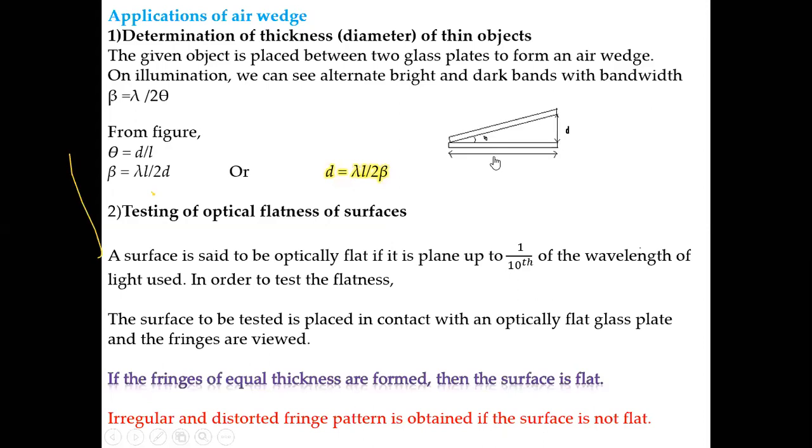We said in our discussion that the glass plates should be optically flat. Now, what is a flat surface and what is an optically flat surface? A surface is said to be optically flat if it is plane up to 1/10th of the wavelength of the light used to test the flatness.